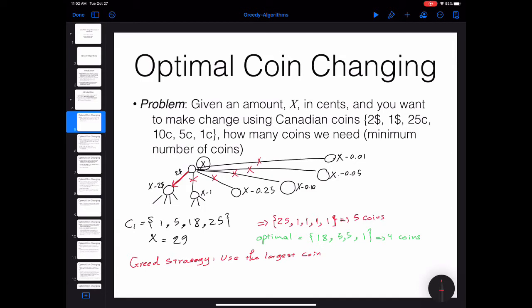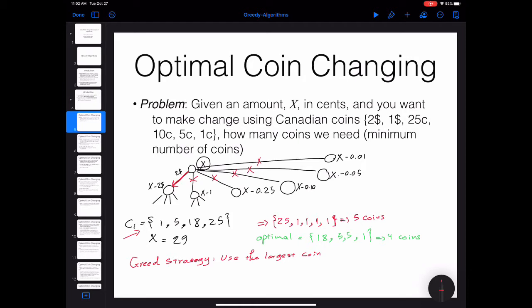So it's clear that the greedy strategy is not optimal in this coin system. So it tells you that the greedy algorithm doesn't always work. Dynamic programming always gives you the optimal answer because it does the complete search.